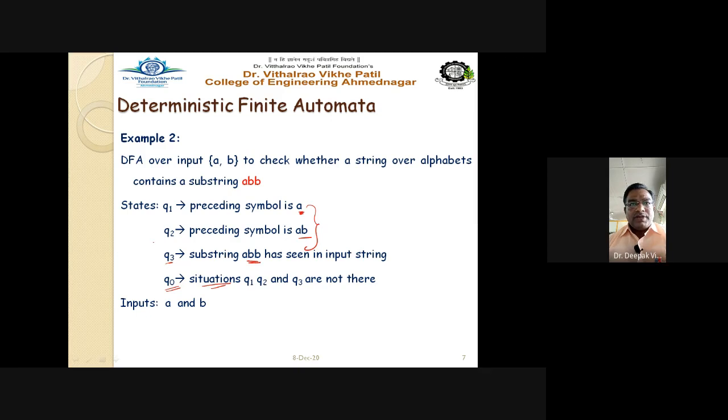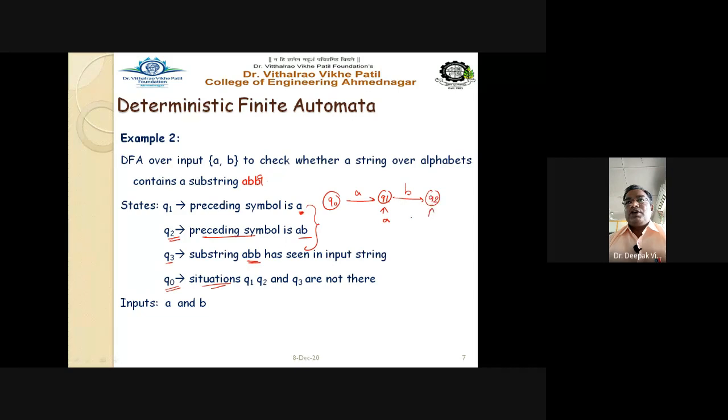Right? So meaning is that there is a Q0 state, and if it gets A, there must be a Q1 state, right? So here you are reading A. Then Q2, what is the definition of Q2? The preceding symbol is AB, means suppose I draw here B, Q1 on input B definitely goes to Q2.